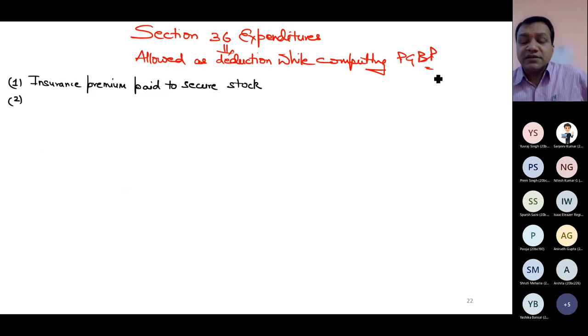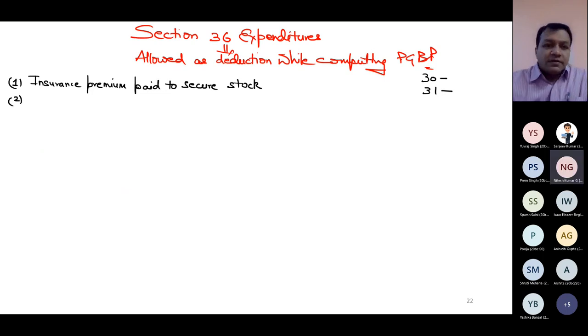Can you tell me what section? Insurance was also covered in section 30 and 31. Can you tell me what was covered in section 30? Sir, rent, rates, insurance of land and building. So that covered insurance on the building in which I am doing business.